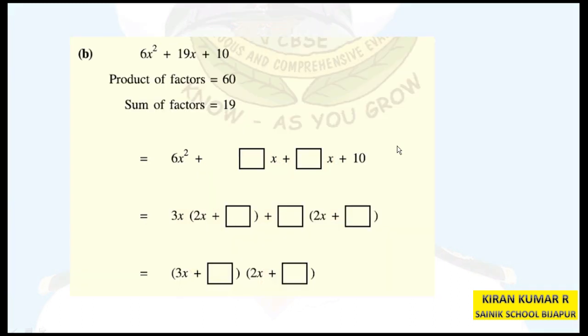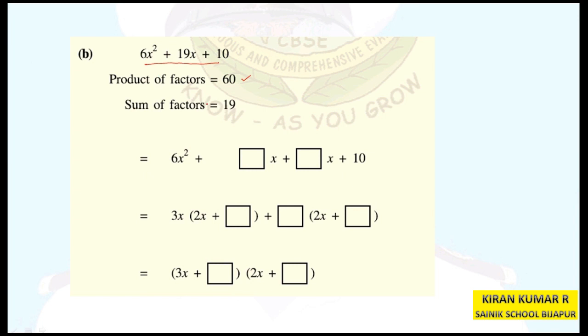Okay. Look at the next blank. In the next, we have again a quadratic expression. In this quadratic polynomial, the product is 60. The reason is the constant multiplied to coefficient of x square is 60.